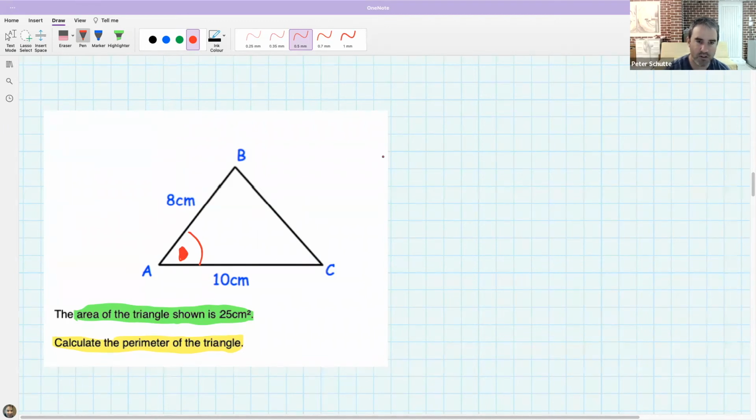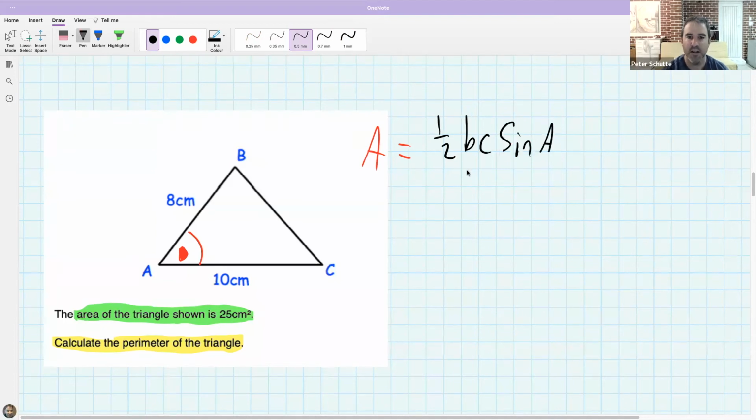So you know what the area is. There's this thing called the area rule, half AB sine C, or in this case we could write it with the sine of A: half BC times the sine of A. Now, can't we fill in what we know? The area is 25.